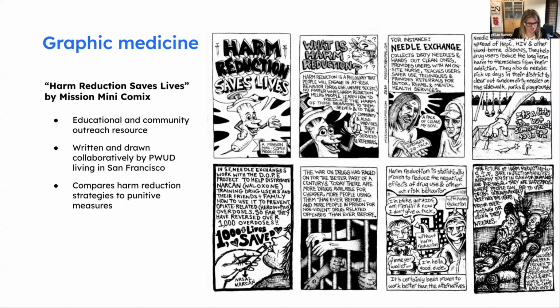This is a harm reduction comic. It was an educational and community outreach resource written and drawn collaboratively by people who use drugs living in San Francisco. It compares harm reduction strategies to punitive measures, and it allows people to see different combinations and outcomes of working together with health practitioners.